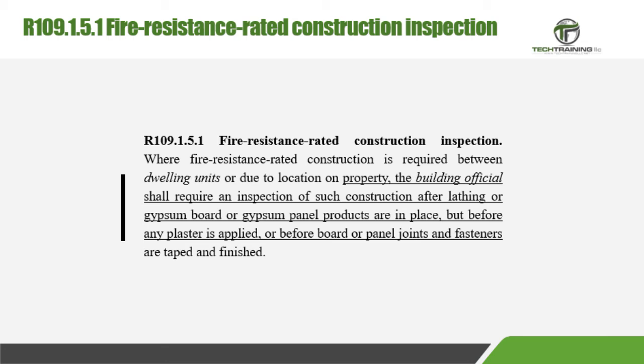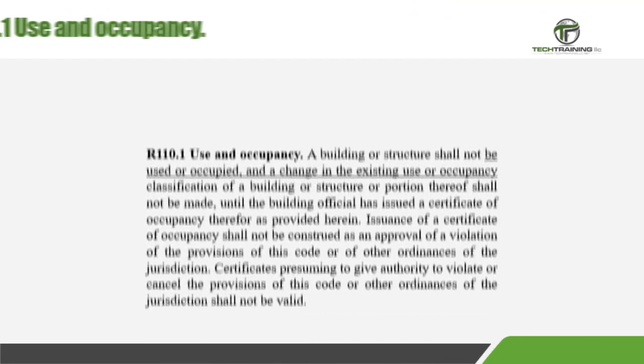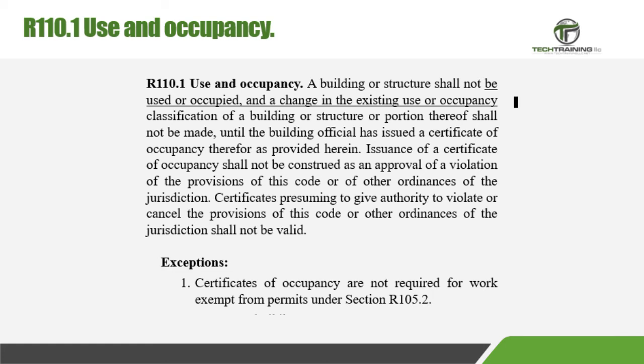The technical change is regarding when the building official shall perform an inspection on the fire resistant construction. R110.1 Use and Occupancy. Here, we see a technical change at the beginning of the provision. This change was meant to update the criteria to receive a certificate of occupancy.